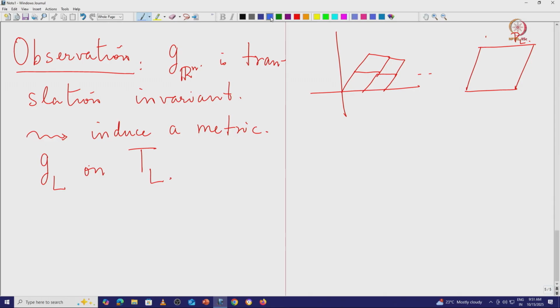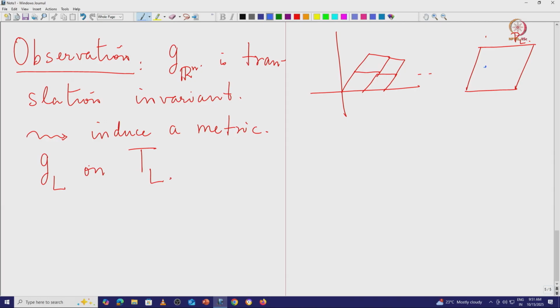So it's enough to actually describe the metric on P_L, and in fact you can cover the torus with two such coordinate charts which are isomorphic to this fundamental parallelogram. So it's enough to describe what the metric looks like on the fundamental parallelogram.